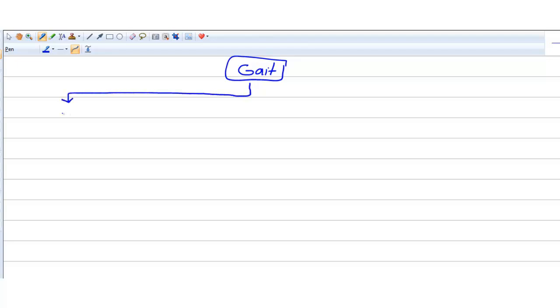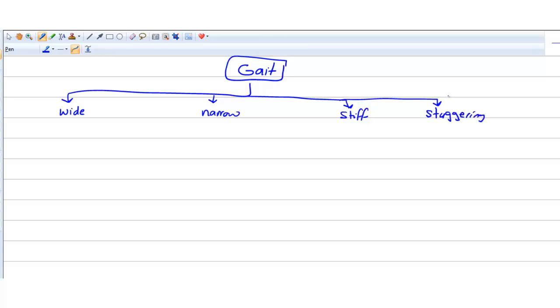So whether it's wide or narrow or maybe stiff, or maybe staggering gait, or maybe ipsilateral.